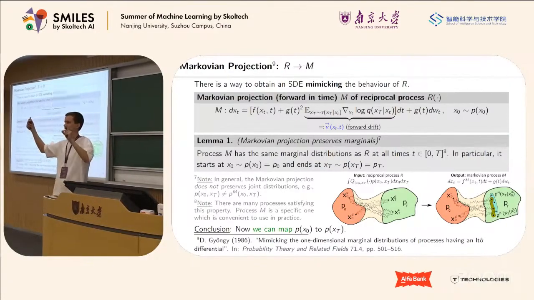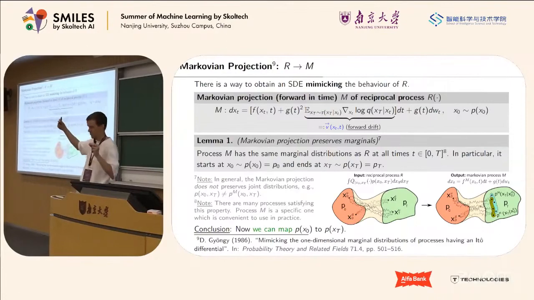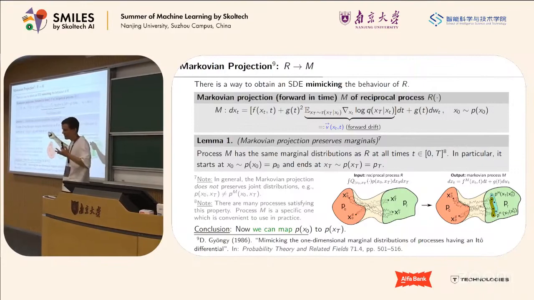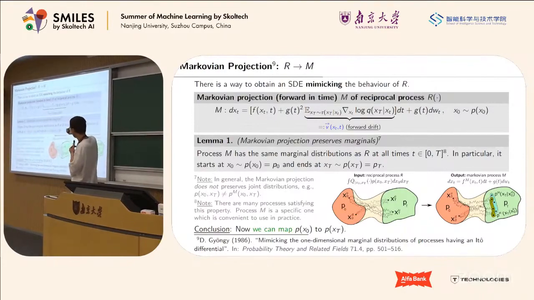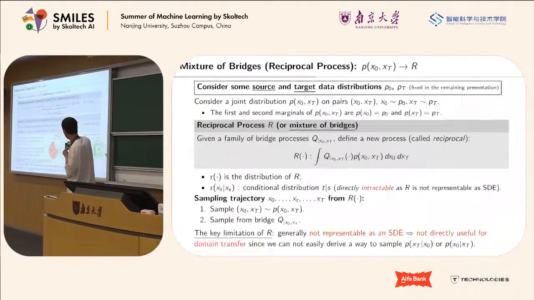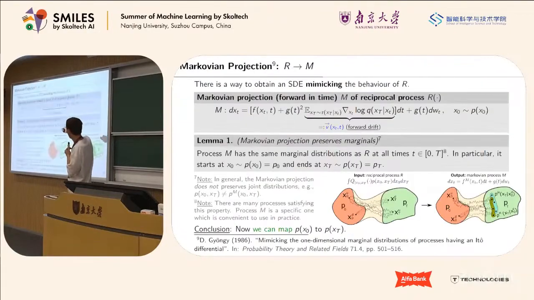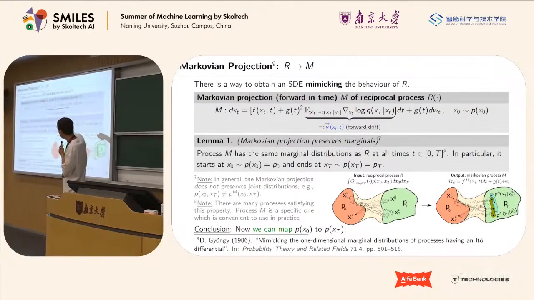In flow matching, you can only sample the intermediate point given endpoints, right? Here the situation is the same. Although this is theoretically true, this thing is intractable in practice because you need to take the expectation over your reciprocal process, when you need to sample the endpoints of this process given the intermediate points of this process.